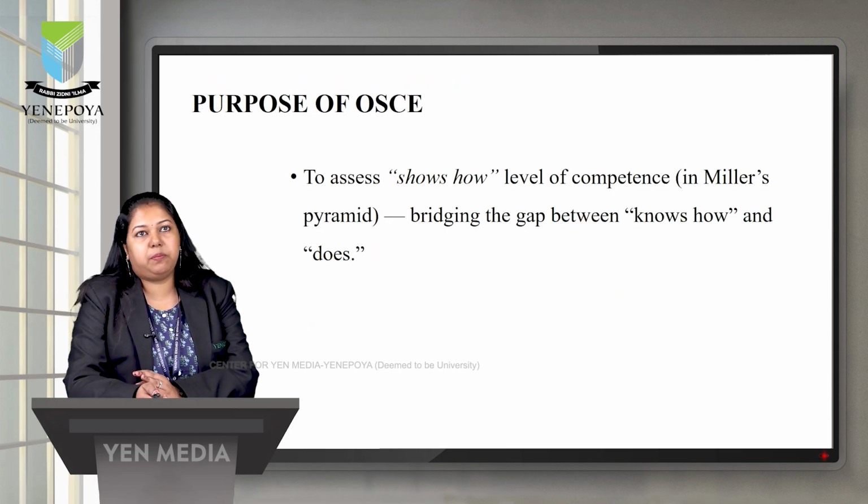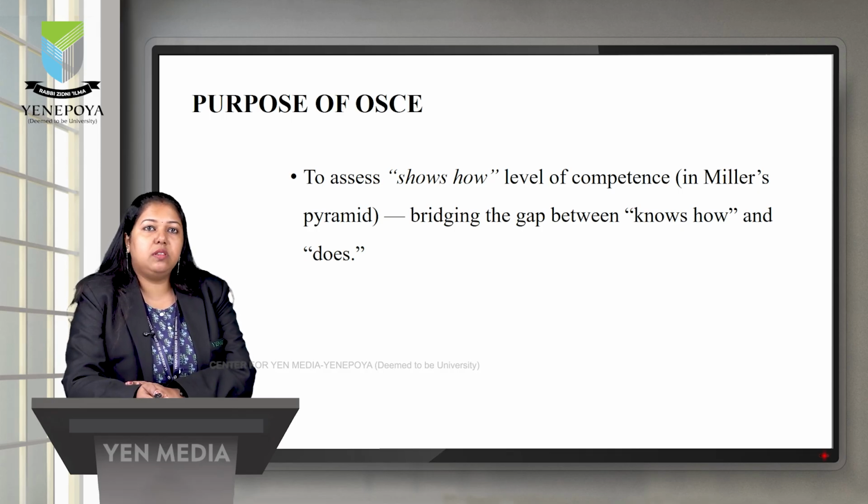So what is the purpose of OSCE? Now all these terms will be very familiar, Miller's pyramid and everything, because nowadays all the councils are focusing more on the competency-based education system. So the purpose of introducing OSCE is to assess the shows how level of Miller's pyramid competency.